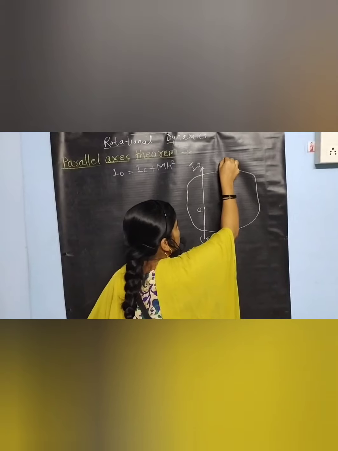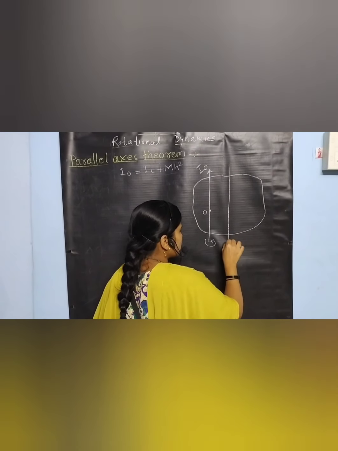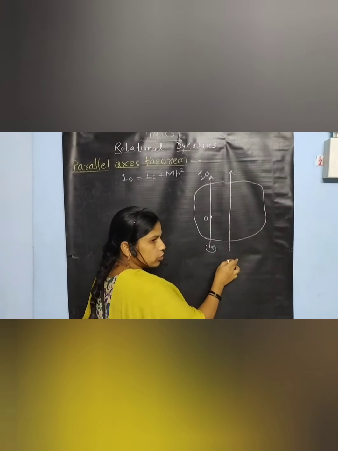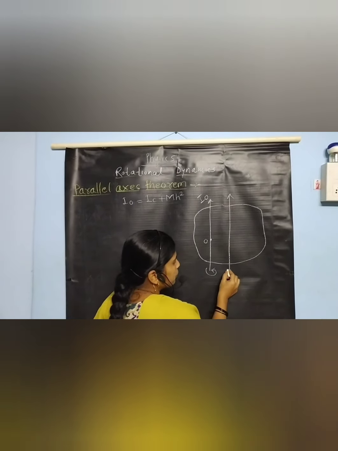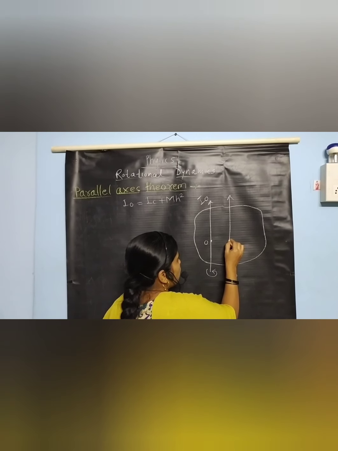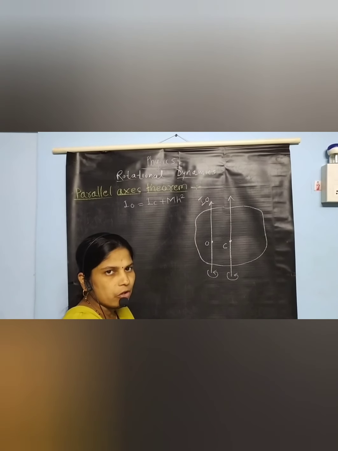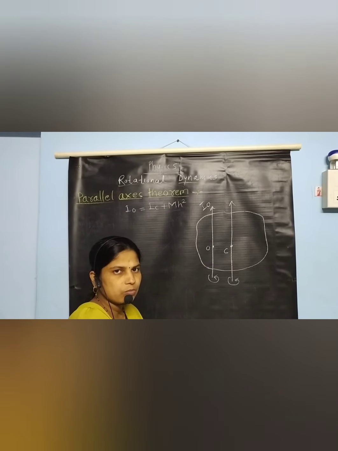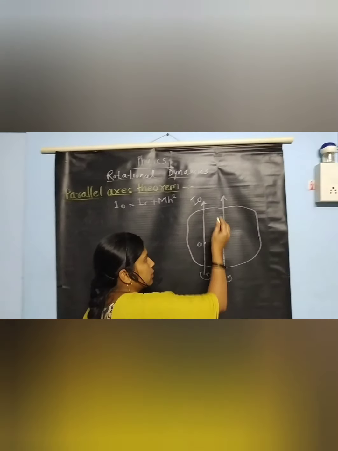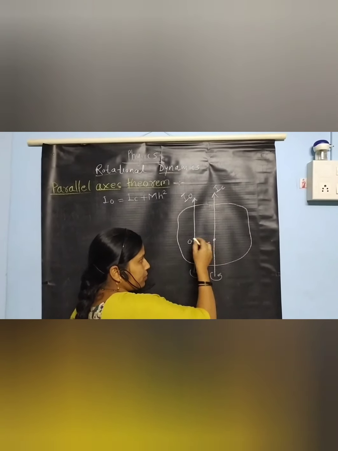Another axis of rotation passes through the center of mass, perpendicular to the plane, with the direction of rotation like this. We call this point C, the center of mass where the whole mass of the body is supposed to be concentrated. Its moment of inertia is given by I_C.